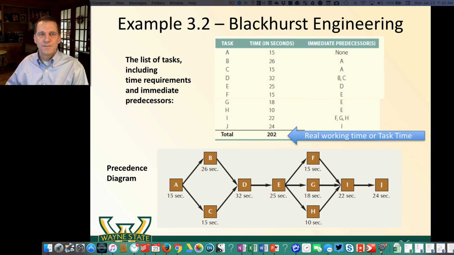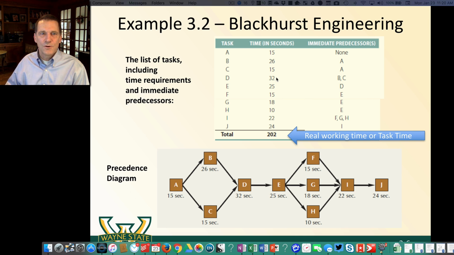That's the process. The other important number on this sheet is the real working time, or the total task time, which is 202 seconds. This is the real work, right? Now, if we had just lined all these tasks up into a linear assembly line, which we could do, we would have a lot of idle time.